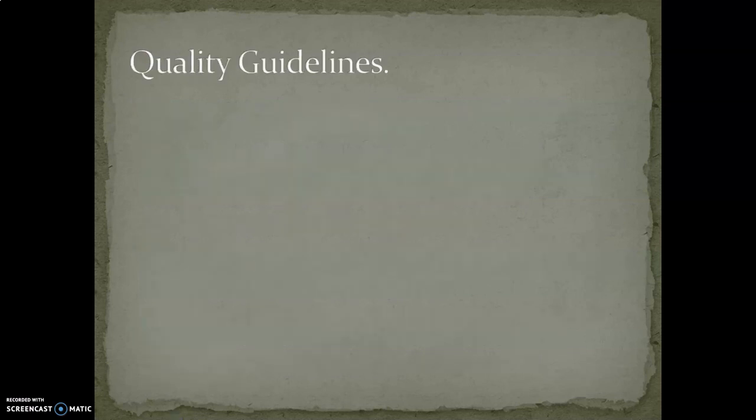Okay. The next is quality guidelines. In order to evaluate the quality of a design representation, the software team must establish technical criteria for good design.